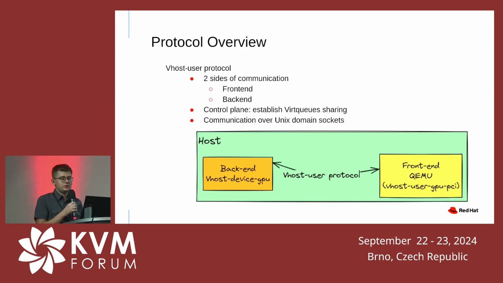There are two sides to the communication: the front end, which is in our case QEMU, the hypervisor, and the back end, which is the device itself. In our case, it's the vhost device GPU. The messages are sent over a Unix domain socket, but a shared memory is also established.